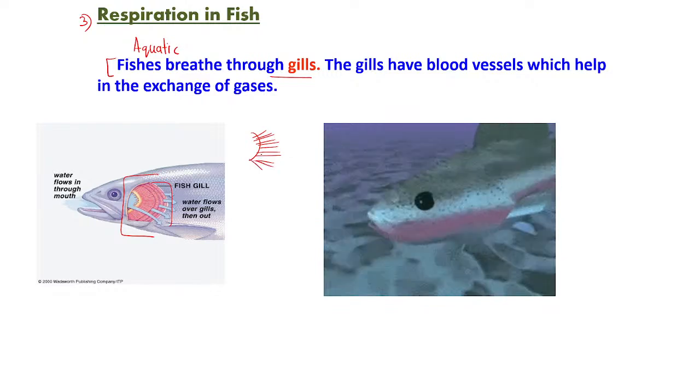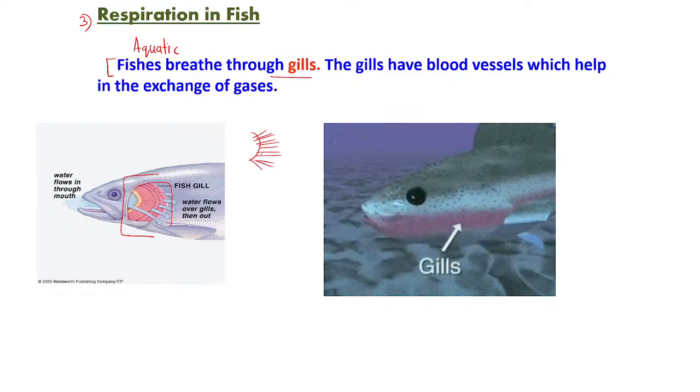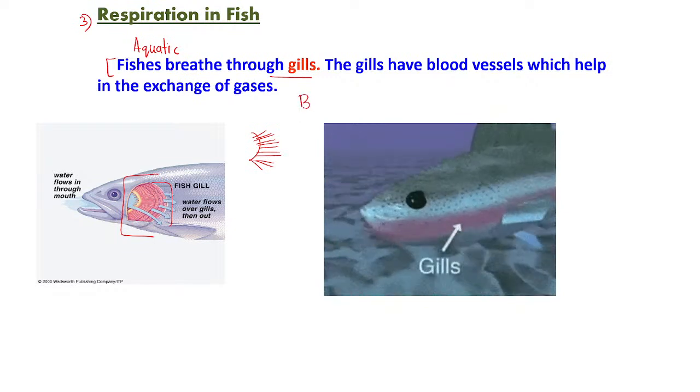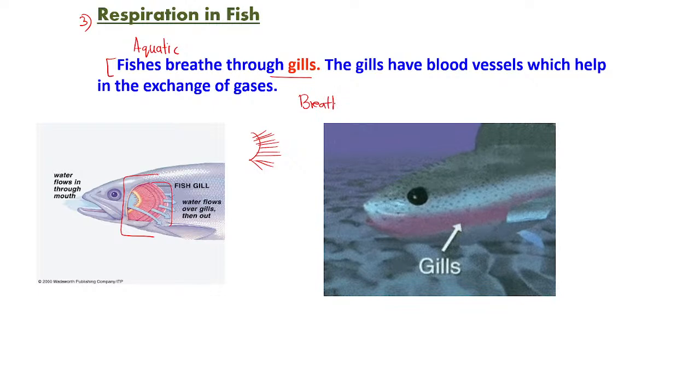These blood vessels help in exchange of gases. So most aquatic animals such as fish breathe with the help of these gills, which help in exchange of gases. So oxygen they are going to take with the help of the gills. You must have seen this aquatic animal. The breathing rate in these aquatic organisms is much faster.